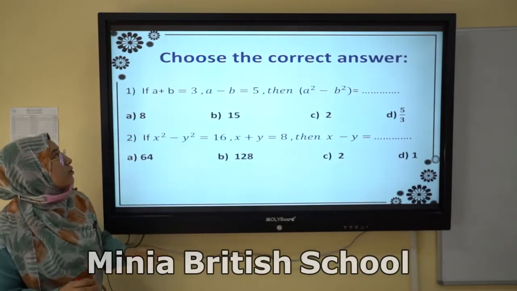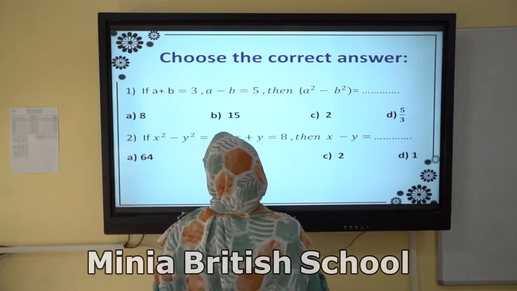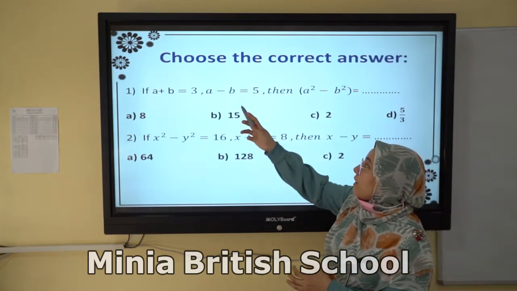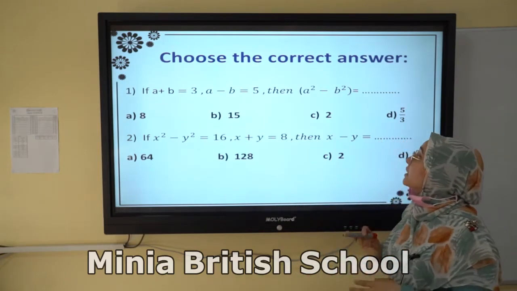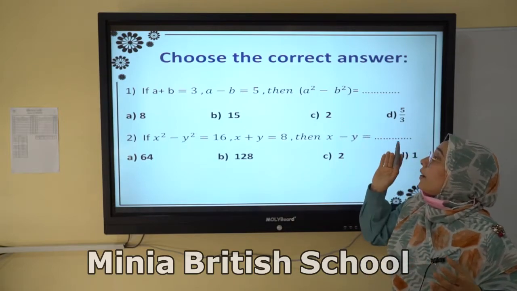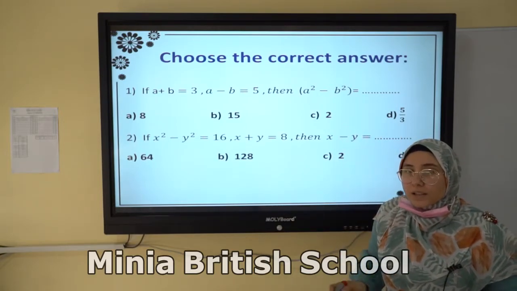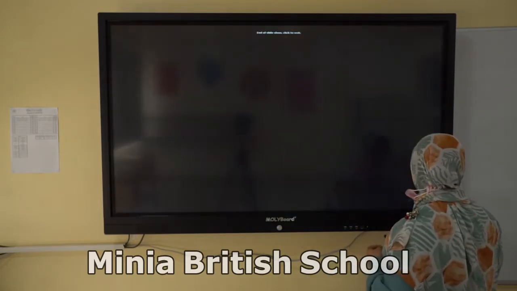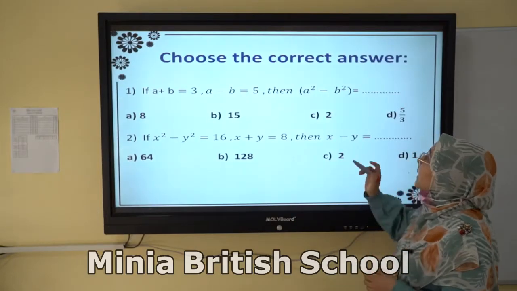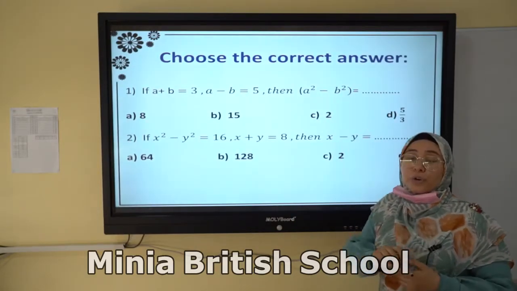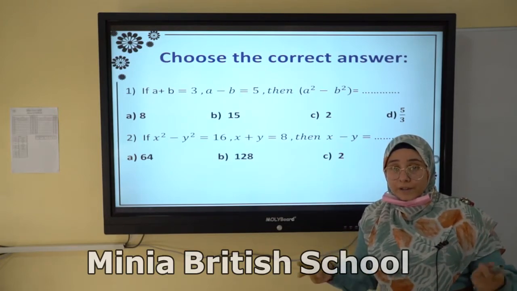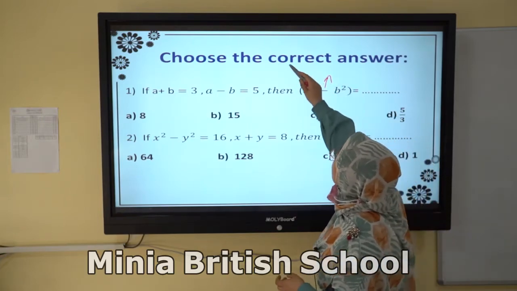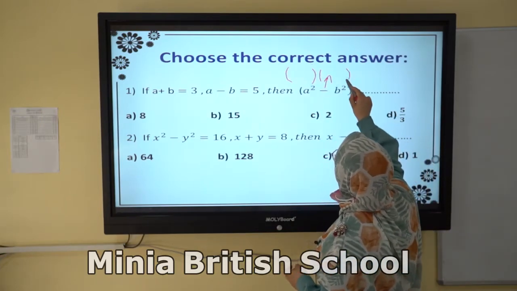Another idea of this lesson. Choose the correct answer. In number 1, if a plus b equals 3, and a minus b equals 5, then what is the value of a power 2 minus b power 2? a power 2 minus b power 2 is the difference between two squares, so you can factorize it into two binomials.